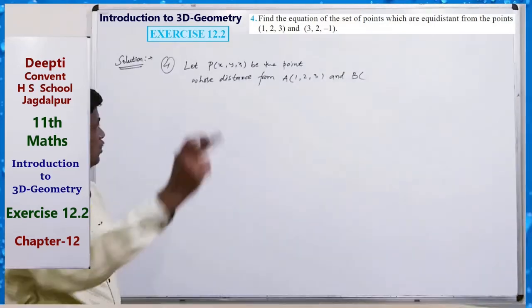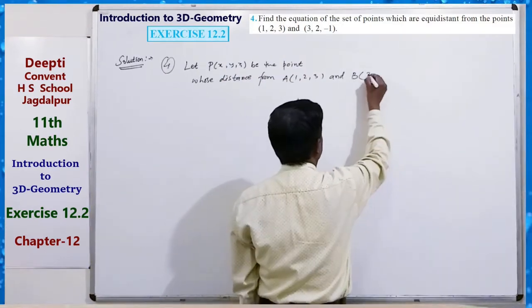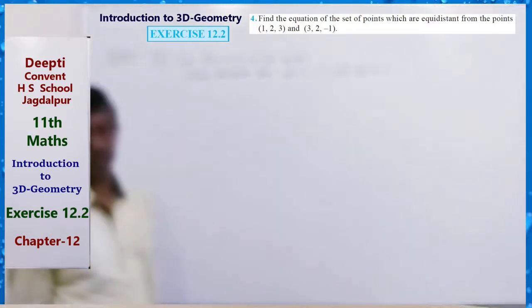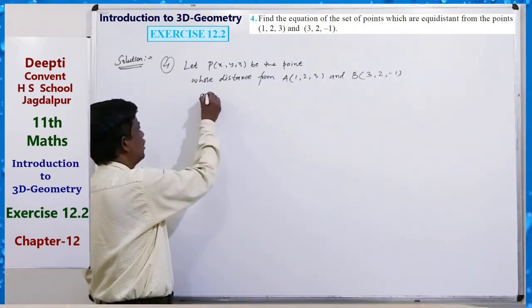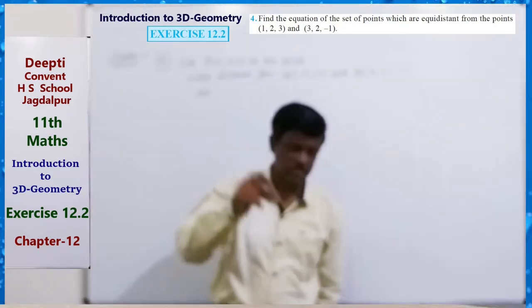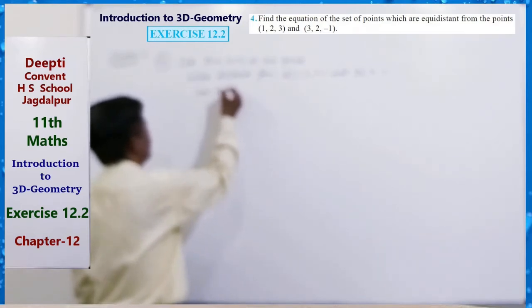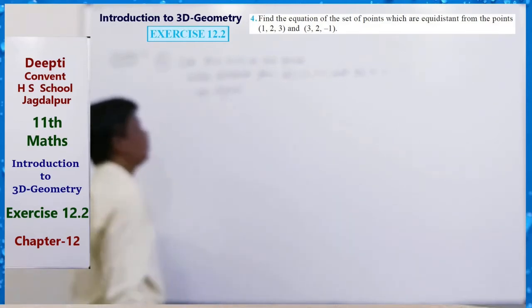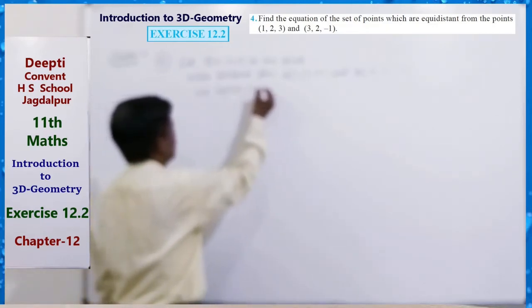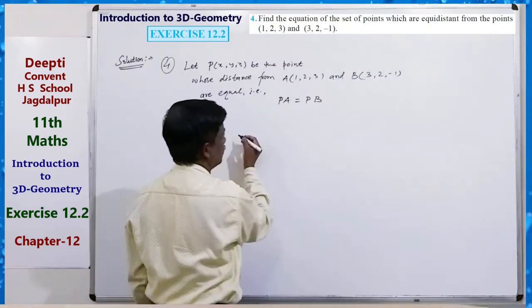The point P has equal distances from A and B. That is, PA equals PB.